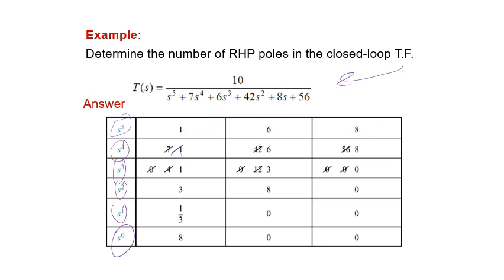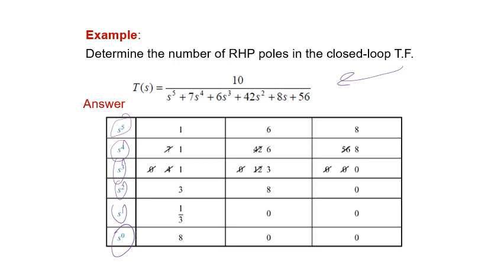Notice that we can divide this row by 7 to get simpler values. This step is optional. You can do it or you can avoid doing it, it's up to you. But if you divide the row by 7, you will find 1 and 6, 8, easier values to deal with. That's the only reason for doing this.